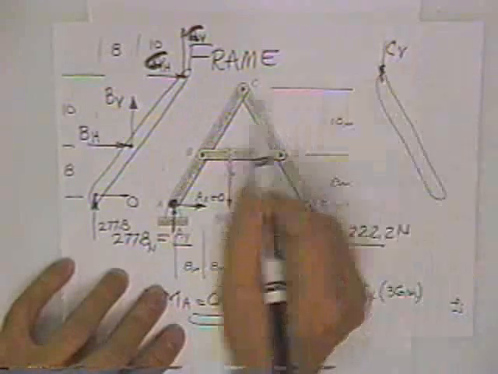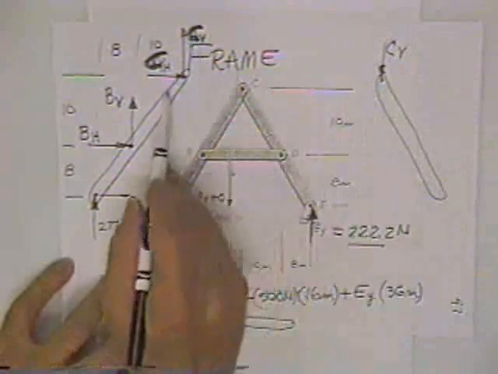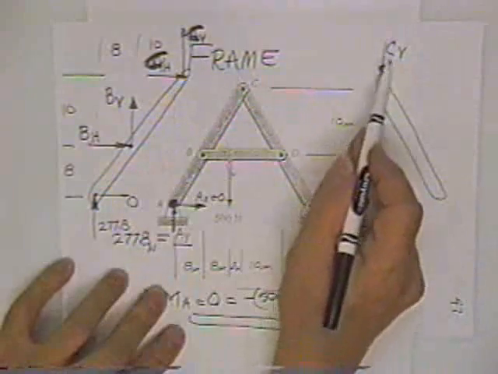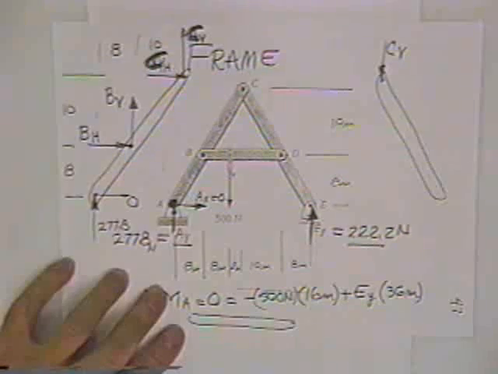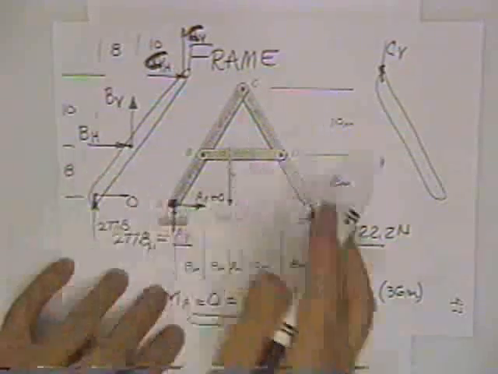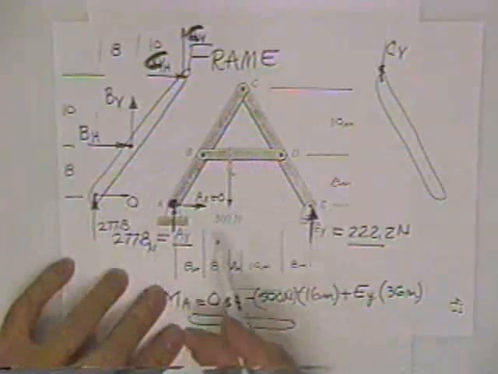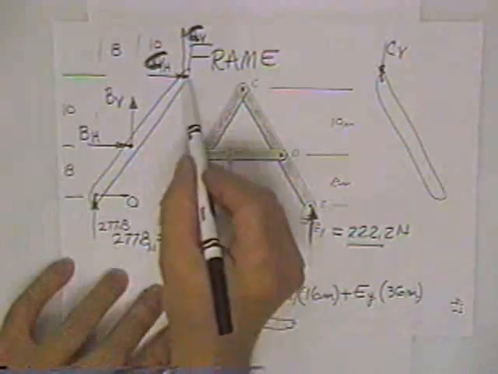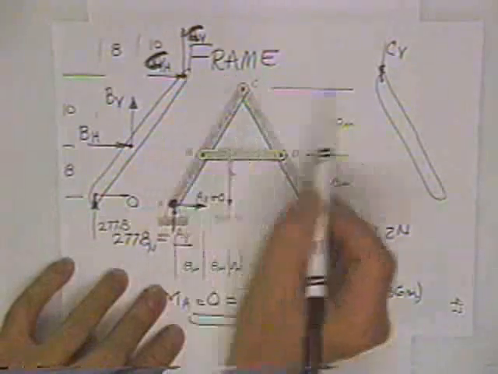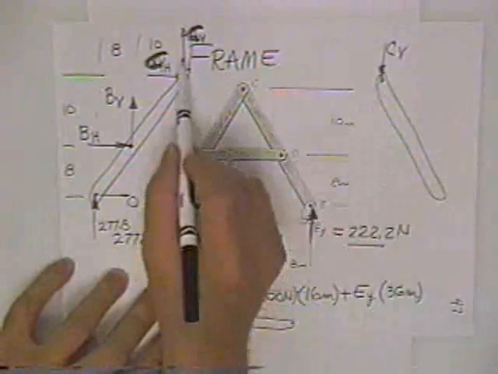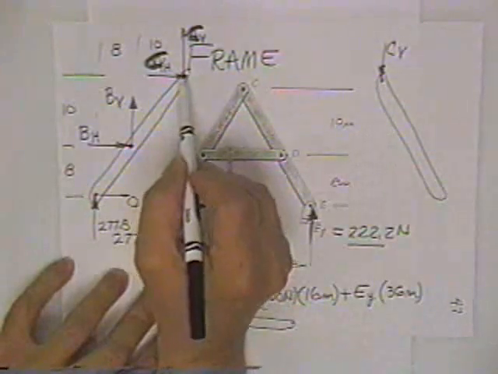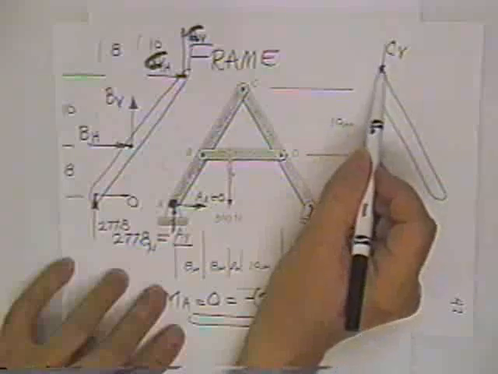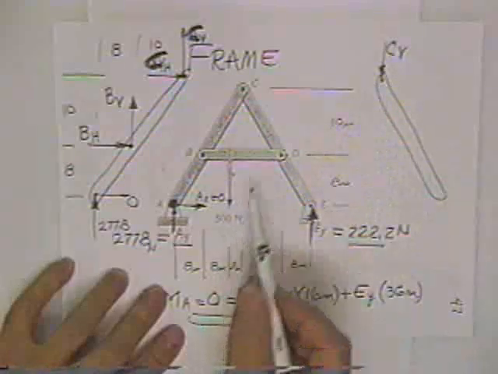You must show that other force on the other member in the other direction. If you don't show it in the other direction, the solution will be wrong, and even statics won't tell you it's wrong. It'll just all work out. The reason is if I told you to stand over here and push up on this steel pin, the only way you could do it is if I let you put your feet, and your feet will push down on this one.